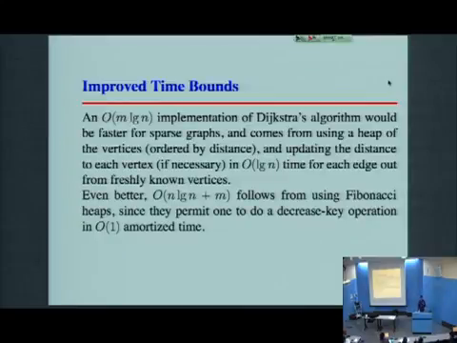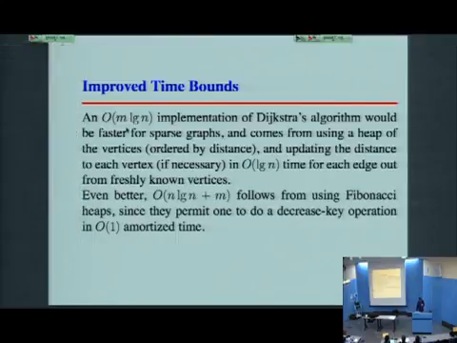A sparse graph is one where the number of edges is roughly linear in the number of vertices. That would certainly be the case with road networks. So we can imagine the United States probably looks like 100 million vertices and 100 million, 200 million edges, something like that. Big, but not unbelievably big.